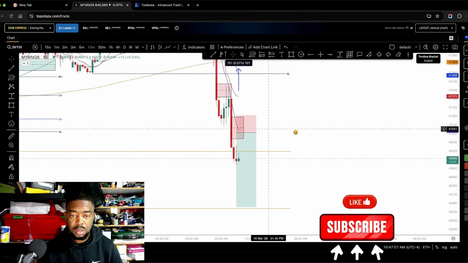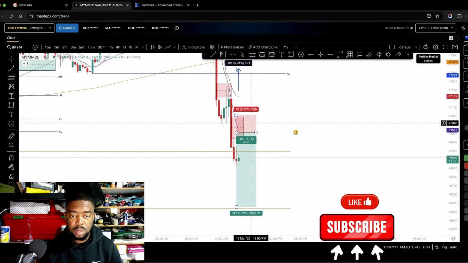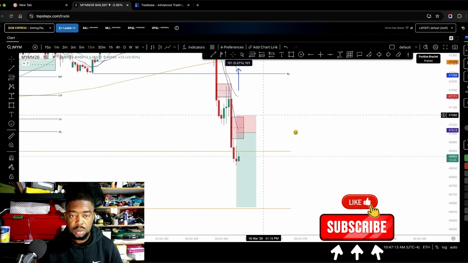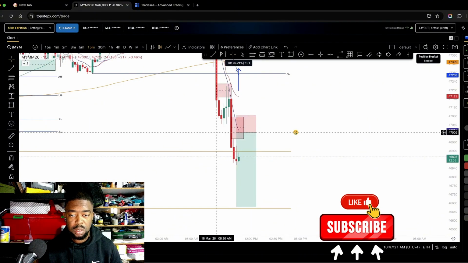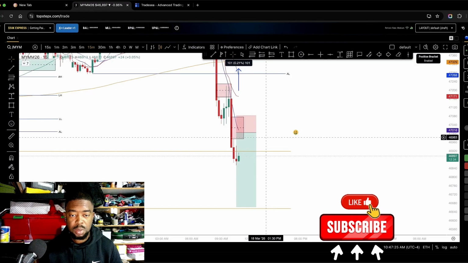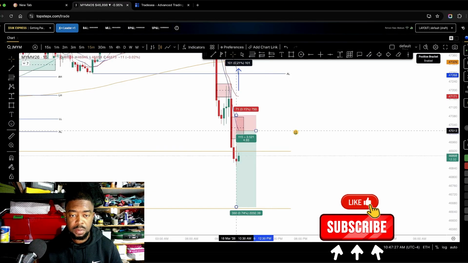Well, not even technically, but my stops on the 5-minute would have been above here. So this would have still been a good entry on the 5-minute, even with this big 15-minute gap, which would be better. So I think the safer entry would probably be on the 15-minute.